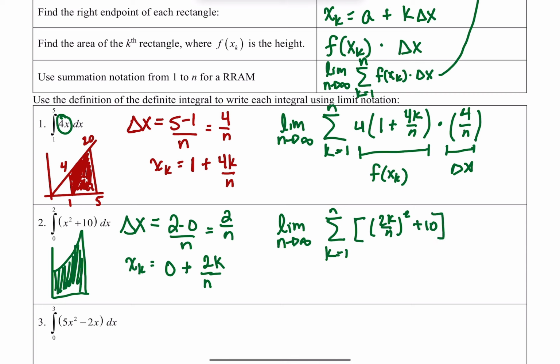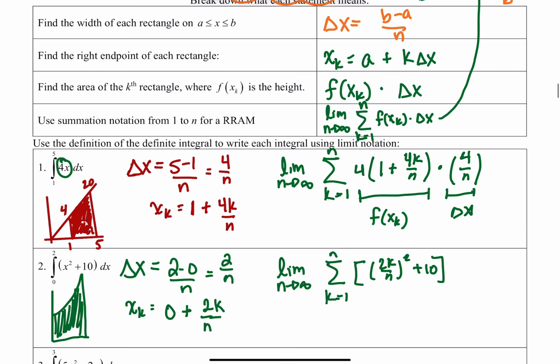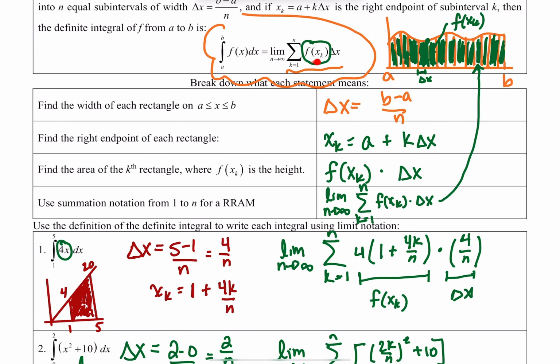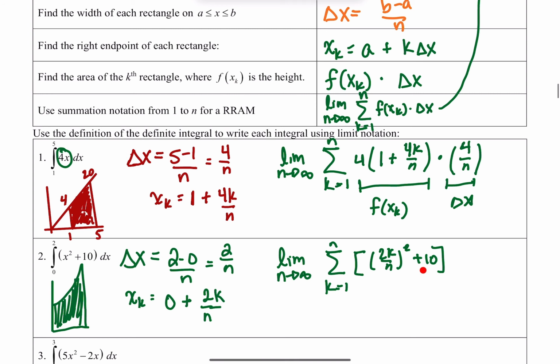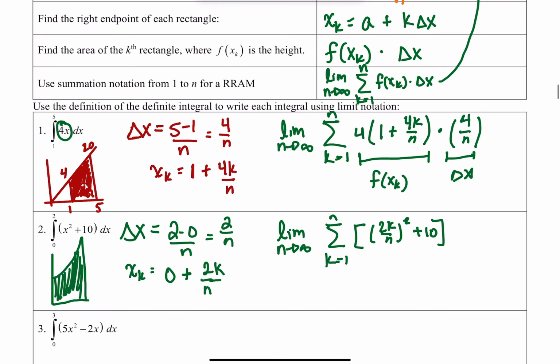Not really doing anything with the plus 10 because I can't really substitute in, but remember that this is a function. So because it's a function and 10's a constant, I'm just going to leave 10 right here. So this is going to be f of x sub k times your delta x, which is going to be 2 over n.